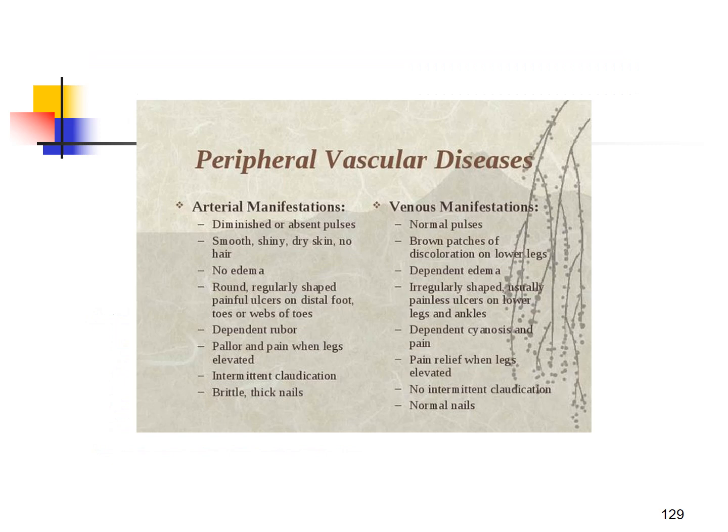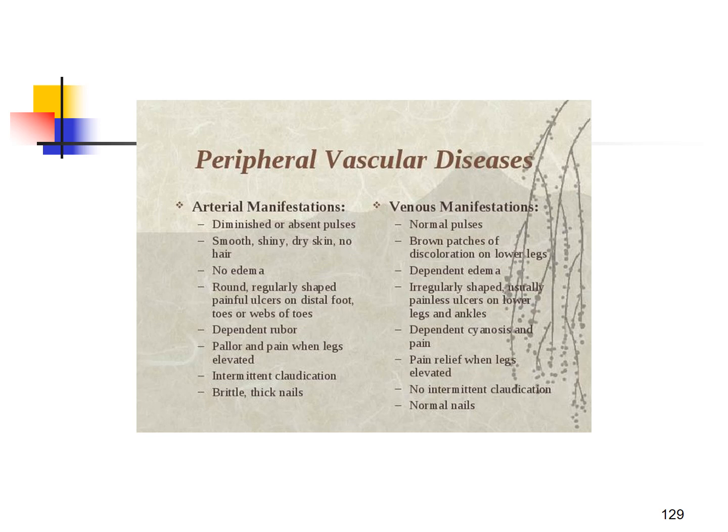All right, next slide. Here's another really good slide to show you the differences again. We're going to show you different slides until you get it so you can understand the differences. Arterial manifestation: diminished or absent pulse, because remember, when you feel the pulses, that's the artery. The vein, we're not checking the pulse, so the pulse will be normal.